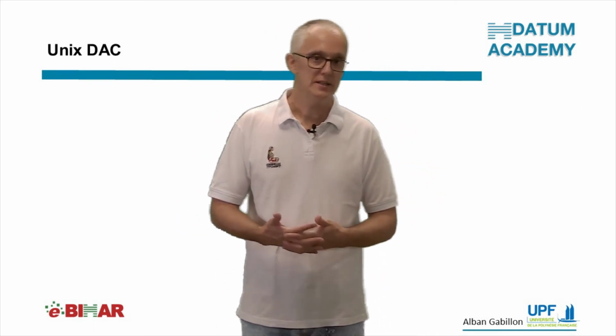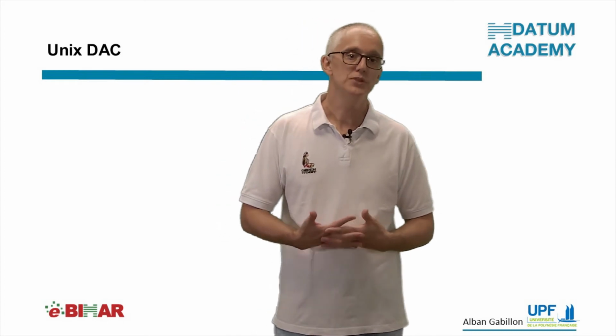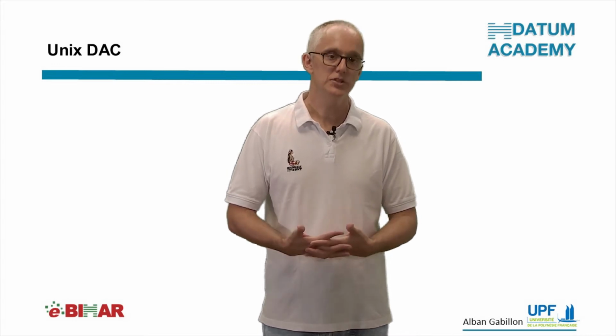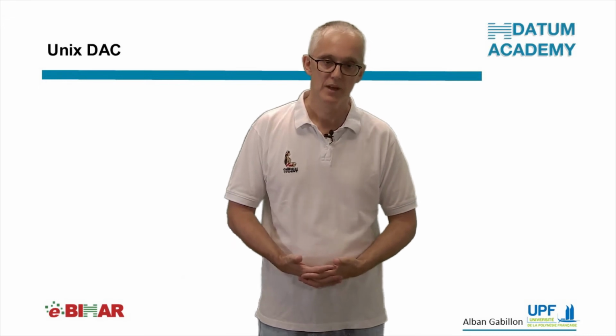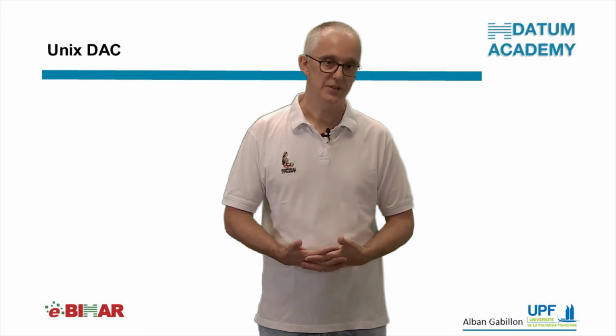In the first part of this video, I presented the access control list part of the Unix DAC system. This access control list scheme has been used for many years in all Unix systems throughout the world. However, this system has some limitations regarding the expressivity of the security policy. That's why a more advanced system, the rich access control list system, has been included in recent versions of Linux.